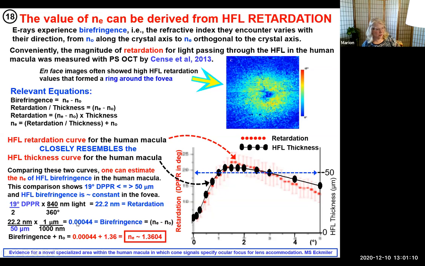Okay, so when you do the calculations correctly, if you know what you're doing, you come up with a great finding that the index of refraction of the retinal tissue, which was normally 1.36, gets increased by a large amount of 0.00044 to arrive at the greatest index of refraction for the E-rays, something like 1.3604 units.